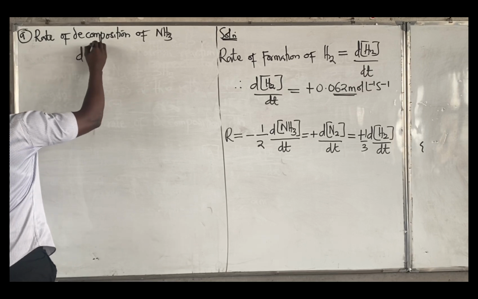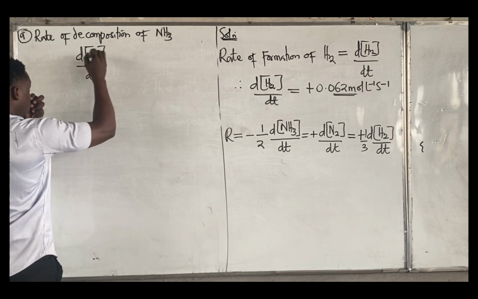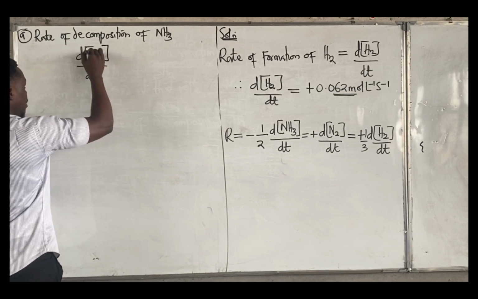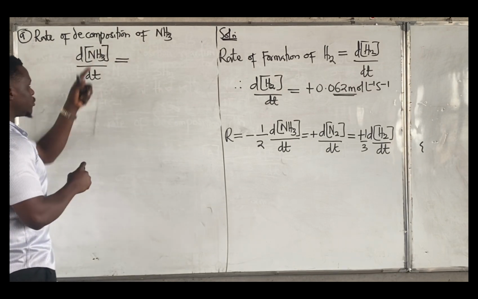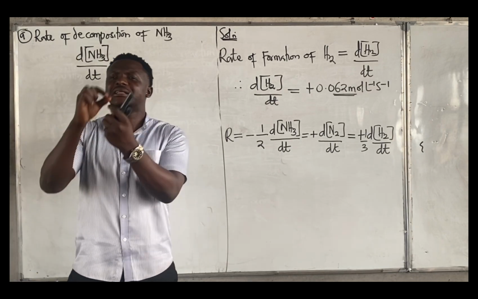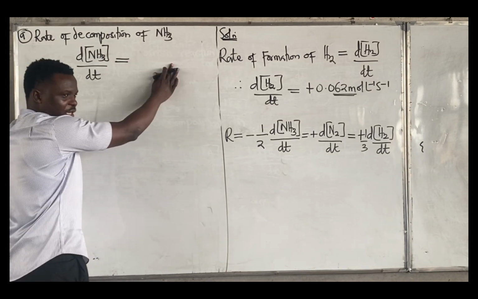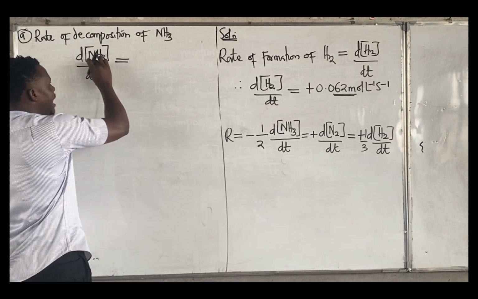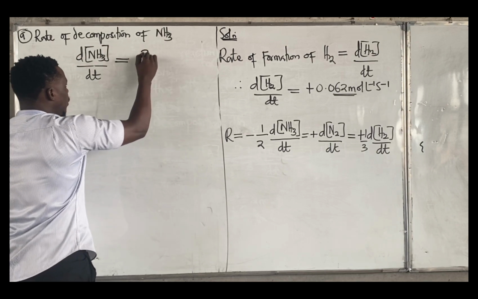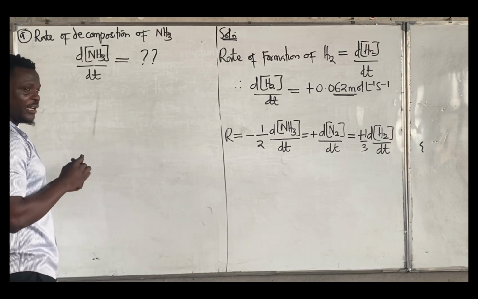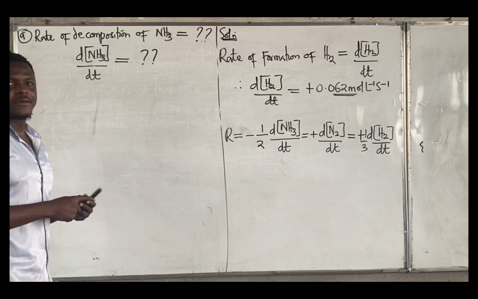Rate in mathematical form is change in concentration all over time. Since they mentioned ammonia, you include ammonia inside brackets. Now, this decomposition or formation can only be effected using sign. I do not have any value here, but whatever the value of ammonia will be, because of decomposition, the answer should be minus. So I'm just going to put a question mark here. This is what I'm asked to find for the A part.